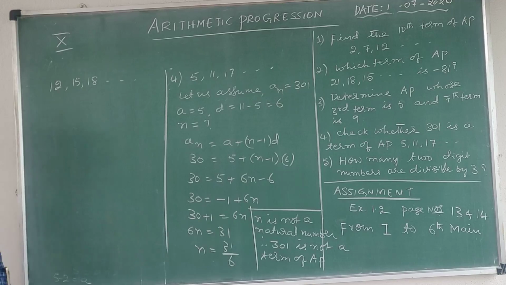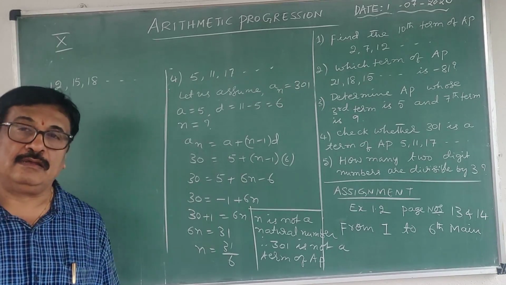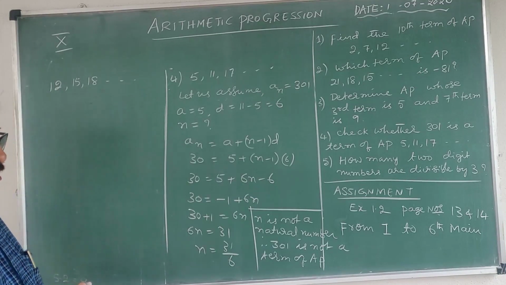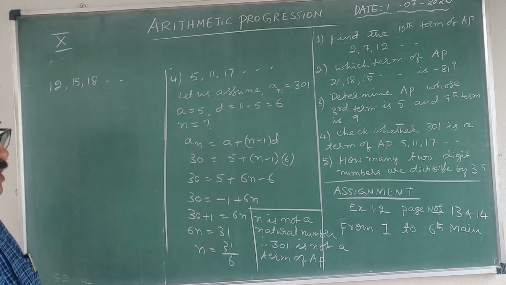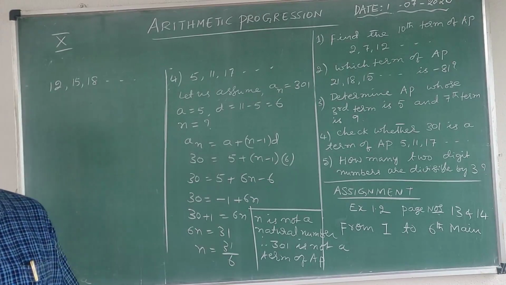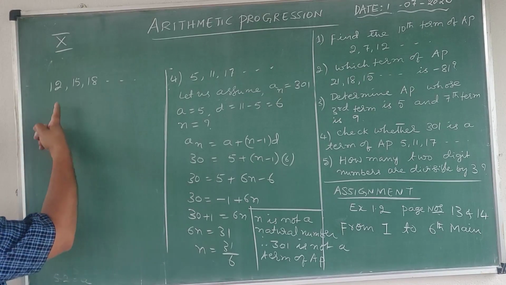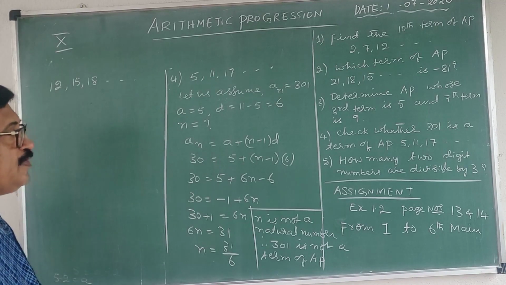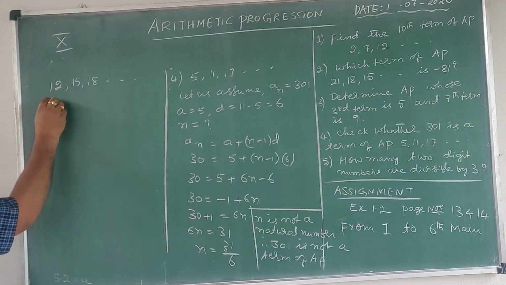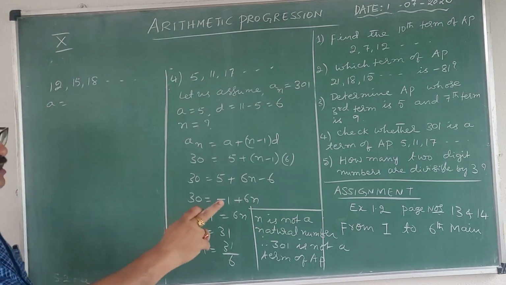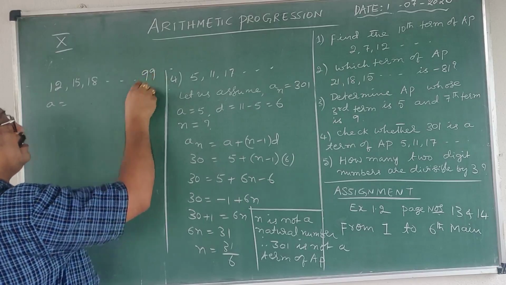So these are all the numbers divisible by 3. So as such, I write 12, 15, 18 and so on. And a is equal to 12. So which is the last number? 99 is the last number.